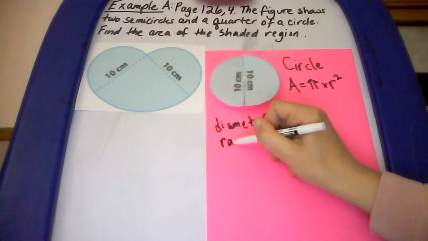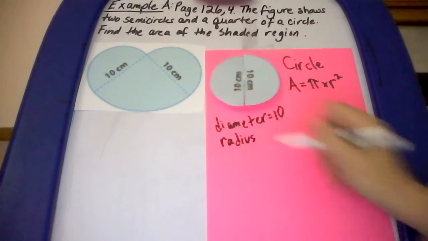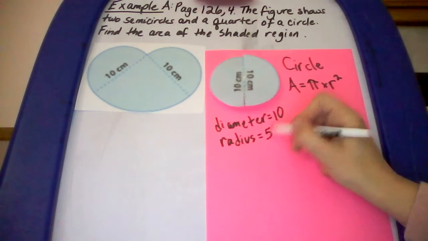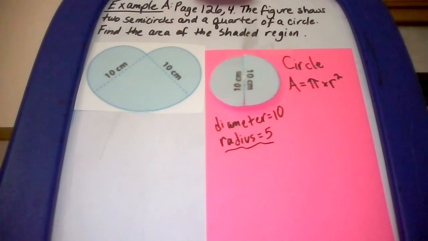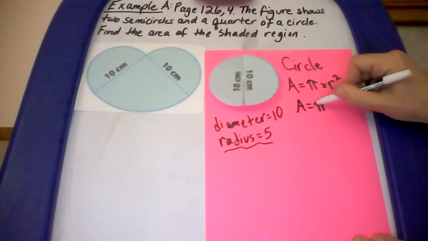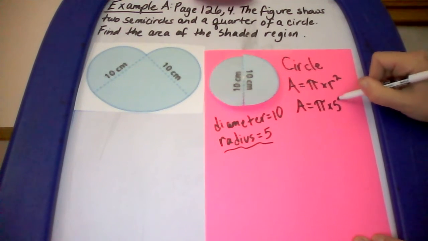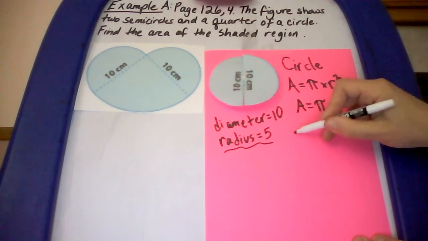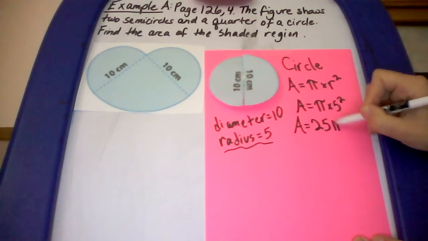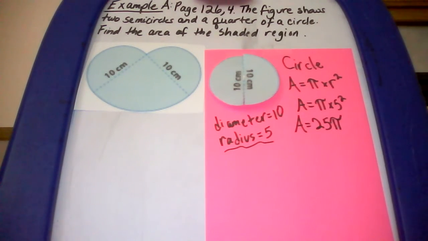Half of 10 is 5. So the radius is 5. Plug in 5 for the radius: A equals pi times 5 squared. 5 times 5 is 25, so the area is 25 pi. I'm going to leave this in exact form for now.